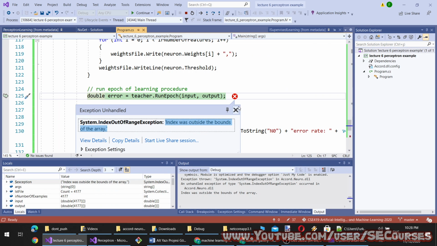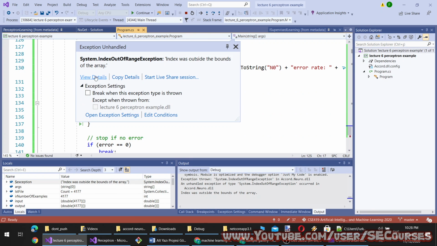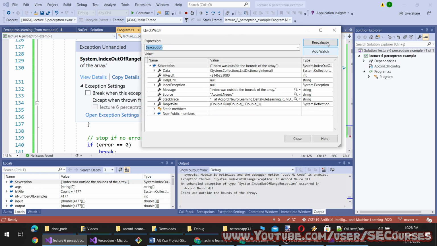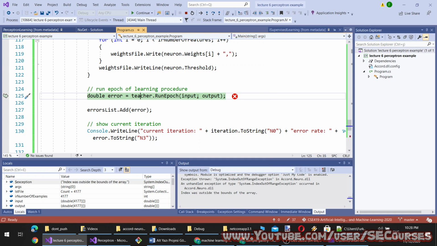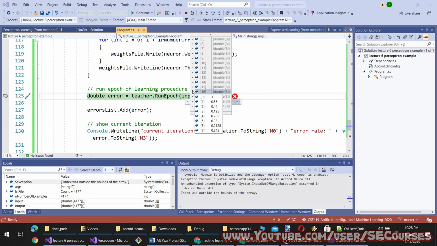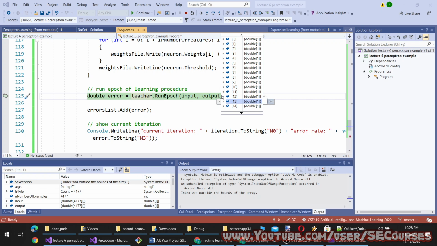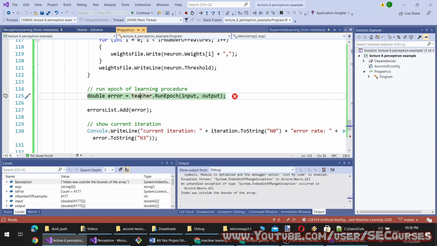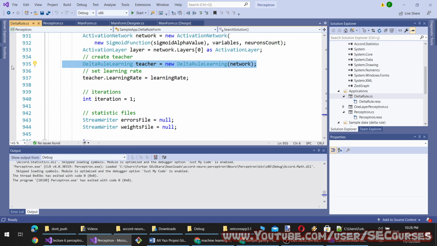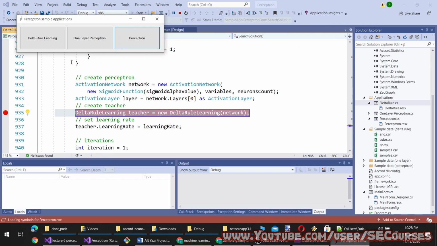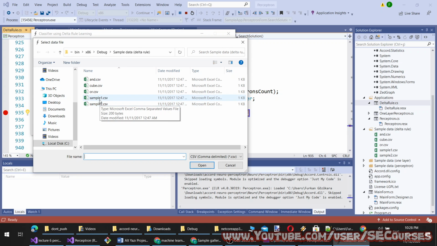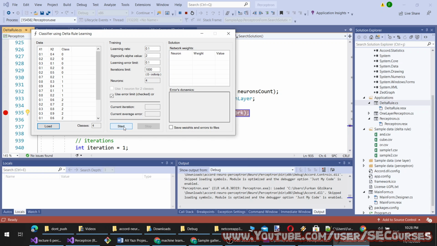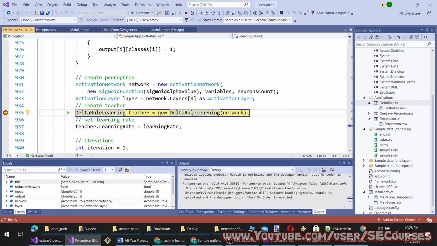Interesting. So what is the error reason? It has 4 classes, but it is working.